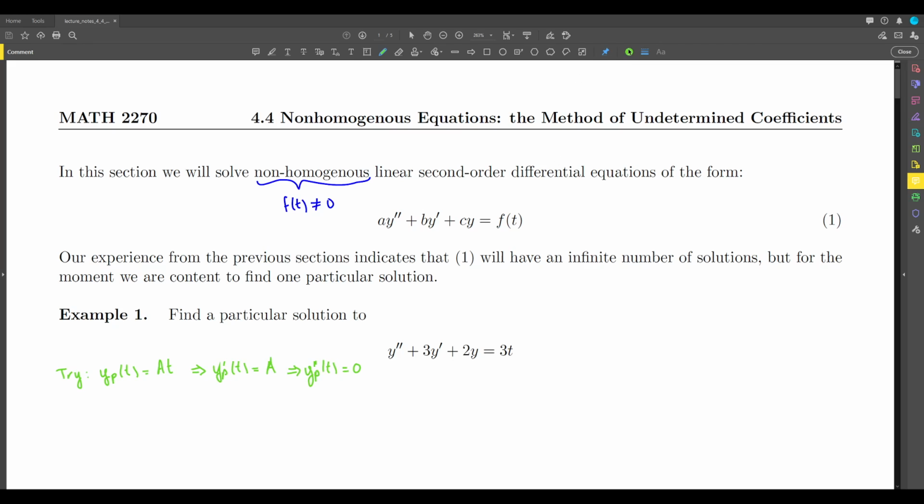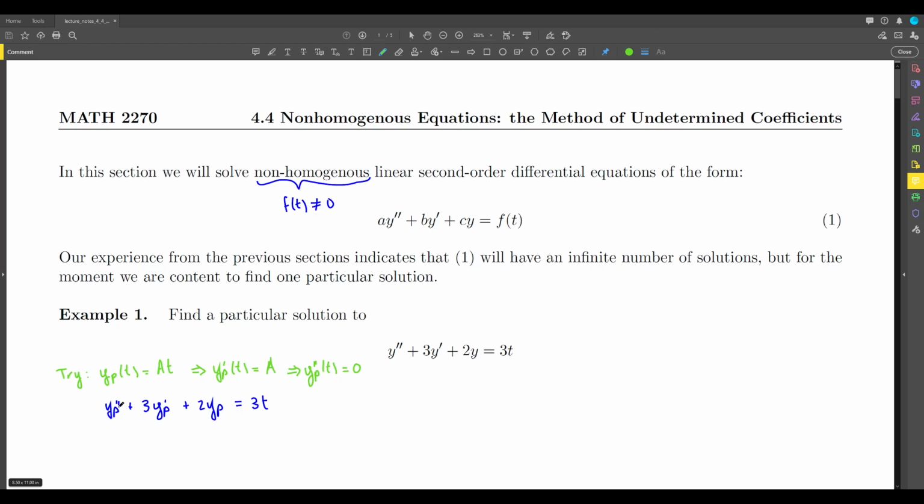Now let's take our differential equation yp'' + 3yp' + 2yp, which should equal 3t, and we're going to have to verify that.